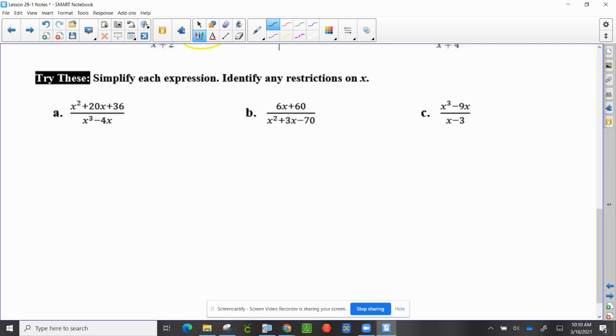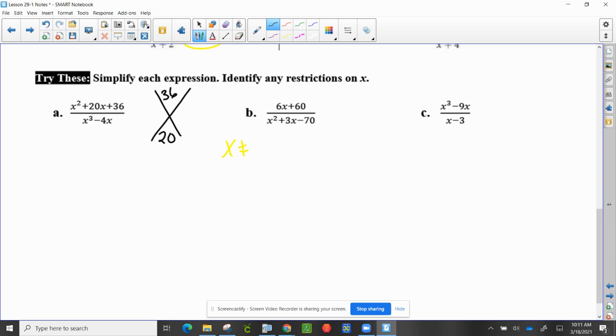Now in A, we have x squared plus 20x plus 36. So on top here, I have a trinomial. So I'm going to factor that trinomial. Okay, meaning we need factors of positive 36 that add to 20. So thinking about what factors work, we have 9 and 4, but that won't work.